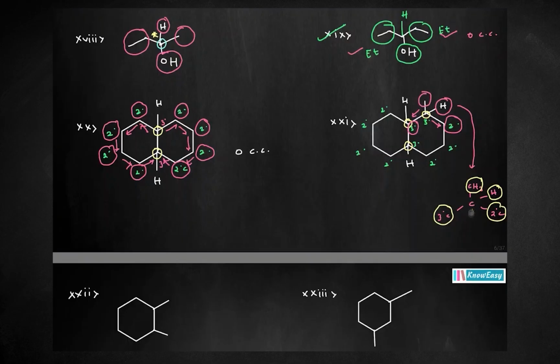So this particular valency is called the chiral valency or the chiral atom. So this carbon is the chiral center. Got it? So one chiral center we got, and that is this. This is the chiral center. Clear? Now look at this particular center.